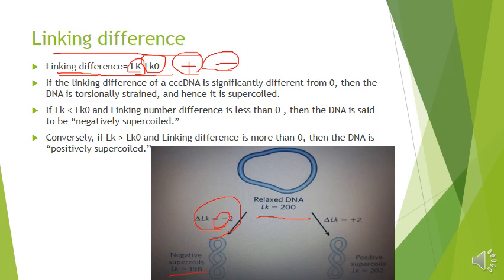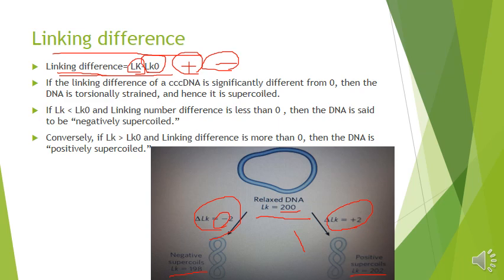But in this DNA, the linking number is 202. If we subtract, 202 minus 200, it will produce a positive value, so it is positively supercoiled.